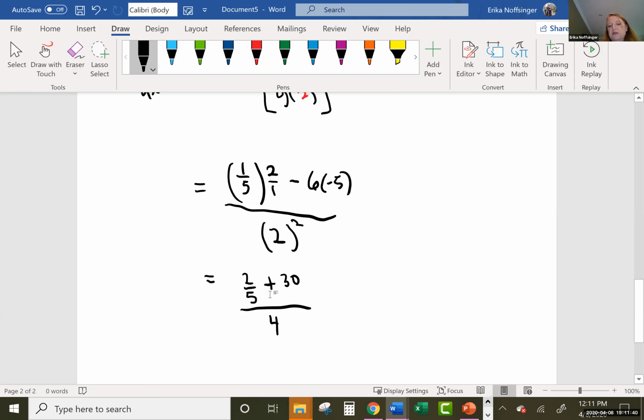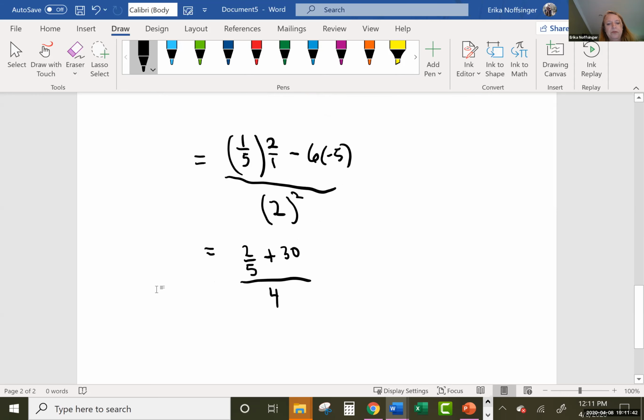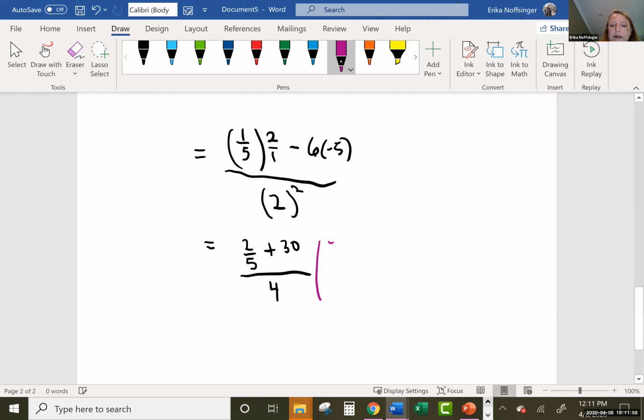So in order to deal with this complex fraction, I need a common denominator so I can combine the numerator as one fraction. Or the other thing is I can multiply by 1, a fancy one, to clear that fraction. I can multiply every term by 5 over 5. Maybe faster, I don't know.